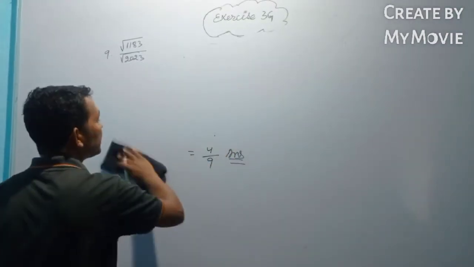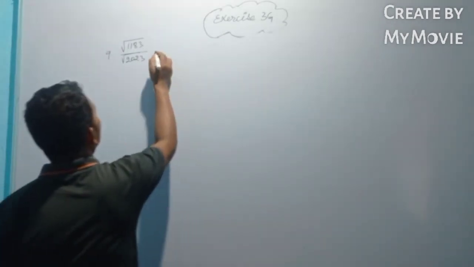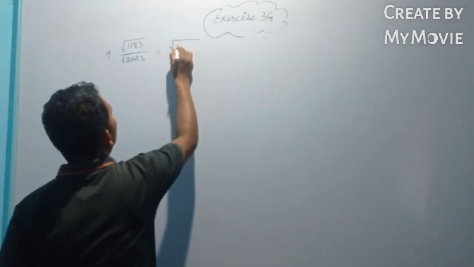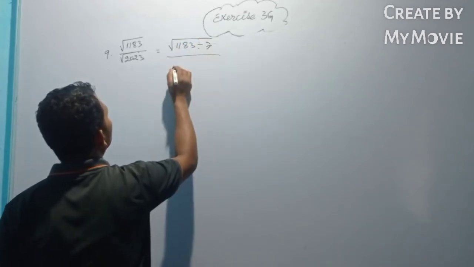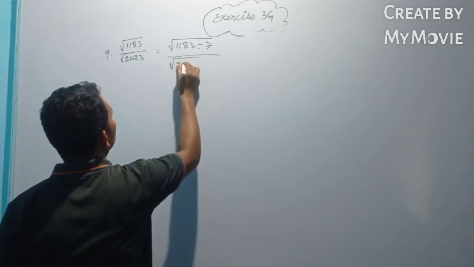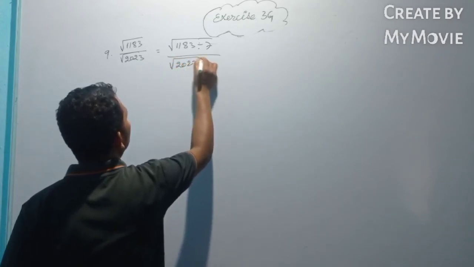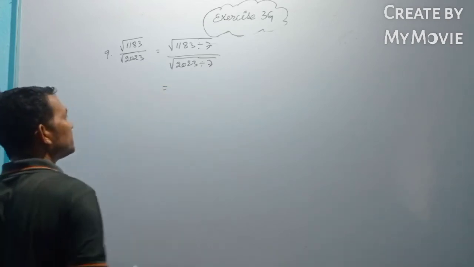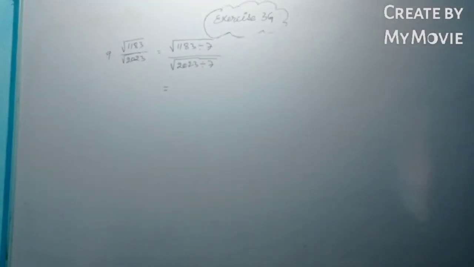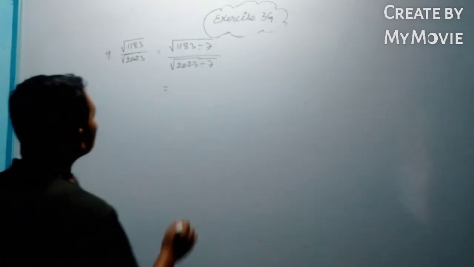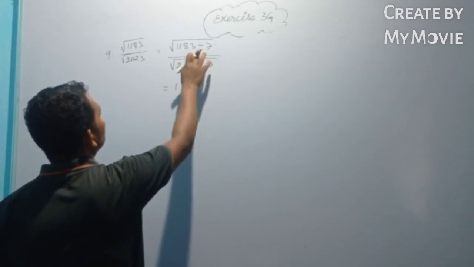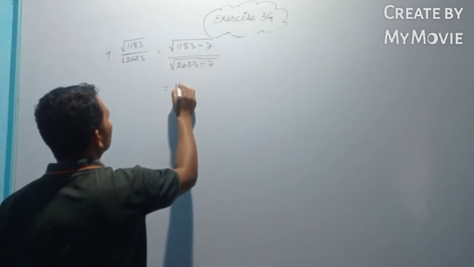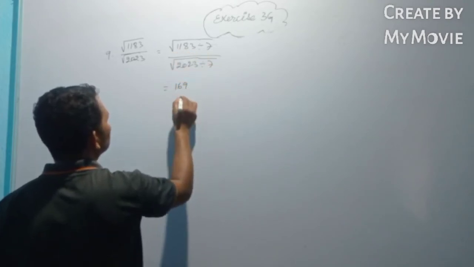For that, we will divide the numerator and denominator by 7. 1183 divided by 7 by square root of 2023 divided by 7. Okay. So this will come 7 1s are 7, then 7 6s are 42, 7 9s are 63.